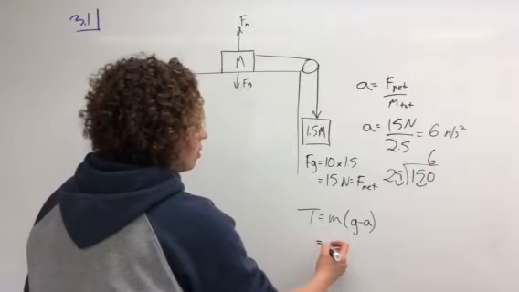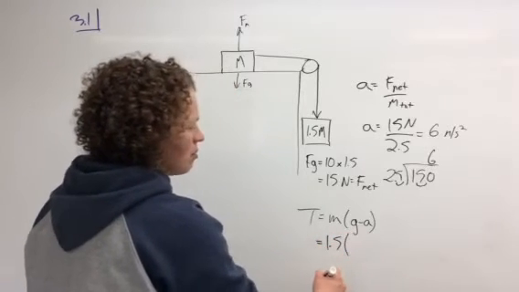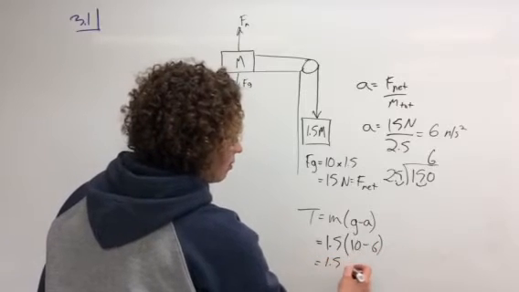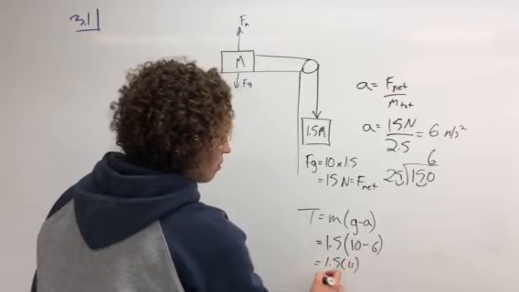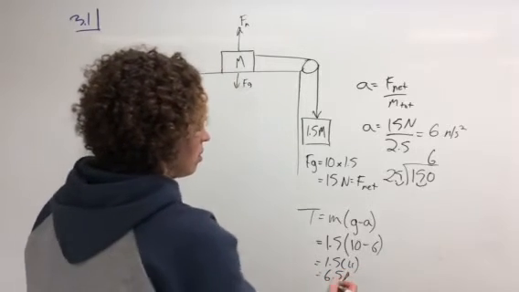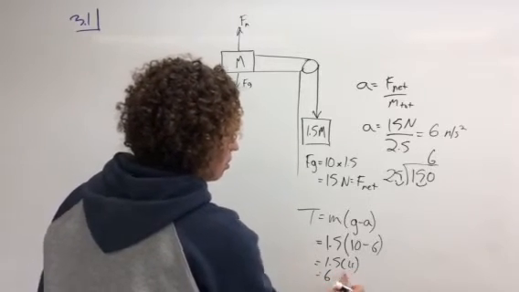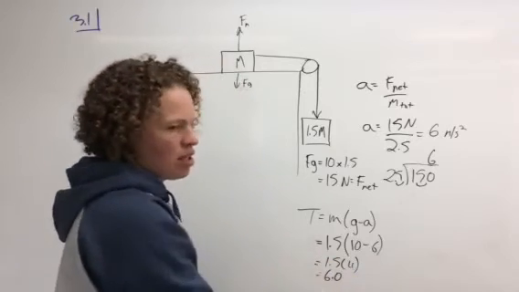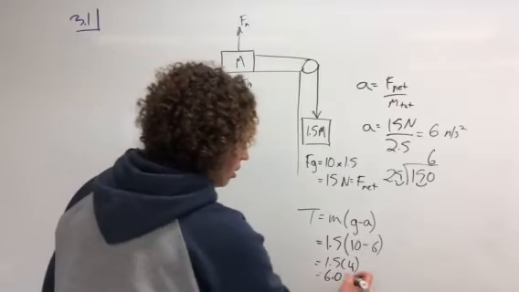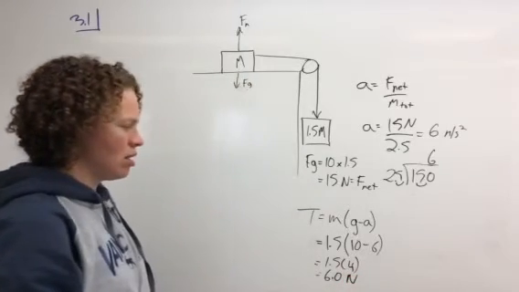So I'm going to go 1.5 times 10 minus 6, so 1.5 times 4, which gives me 6.5 newtons. Wait, is that right? No, 60. So 15 times 4 is 60, so 6.0 newtons of tension in this system.